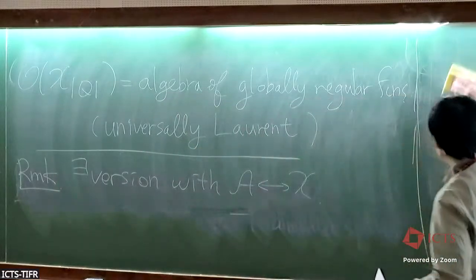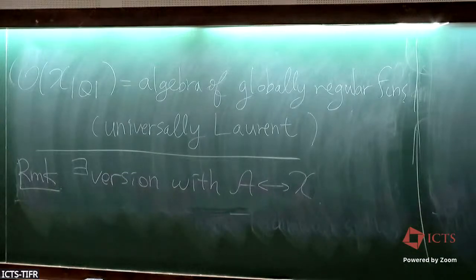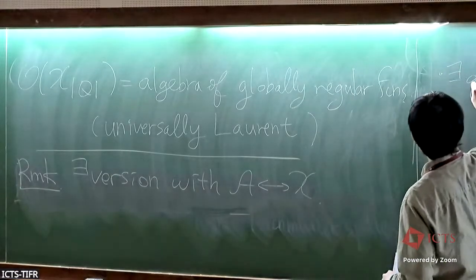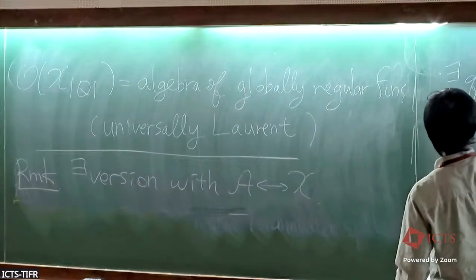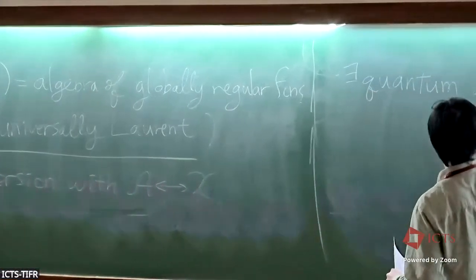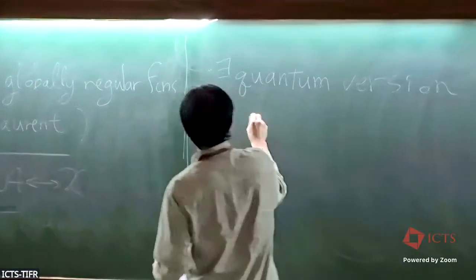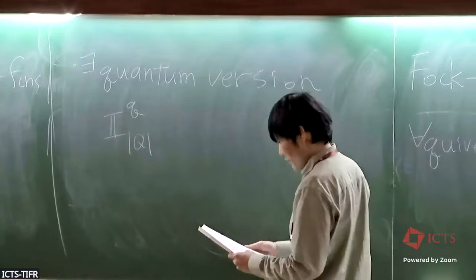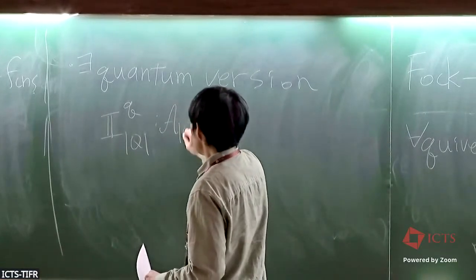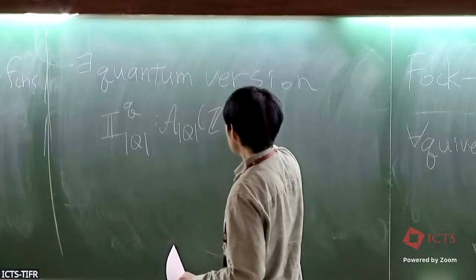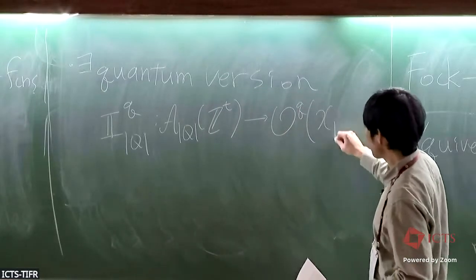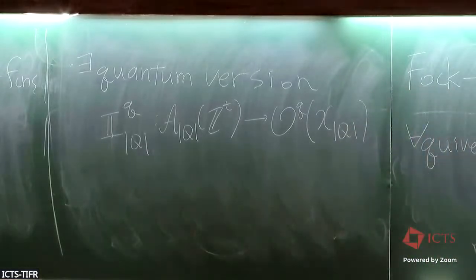And then what was of my interest for a long time is the quantum version of what I wrote. There's also a quantum version of the duality conjecture. Let's call it I_q, where little q is the quantum variable, whatever it means. The domain is the same set, but the codomain is now a ring of quantum regular functions.